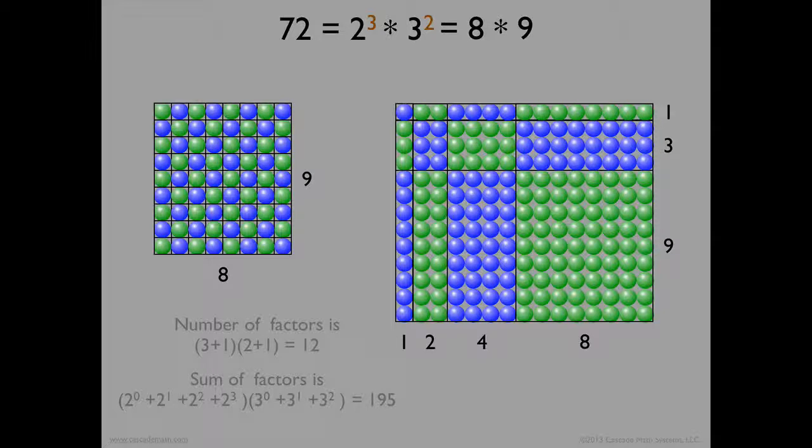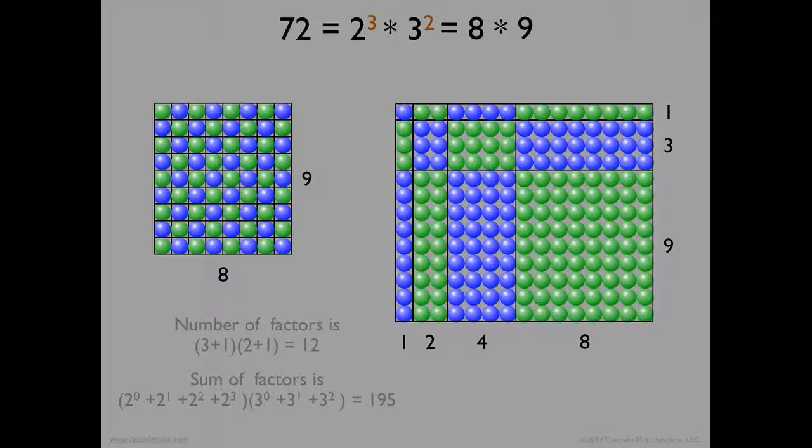And this basically is just a massive distributive property application. And the number of columns of different factors, you have a column over 1, 2, 4, and 8.